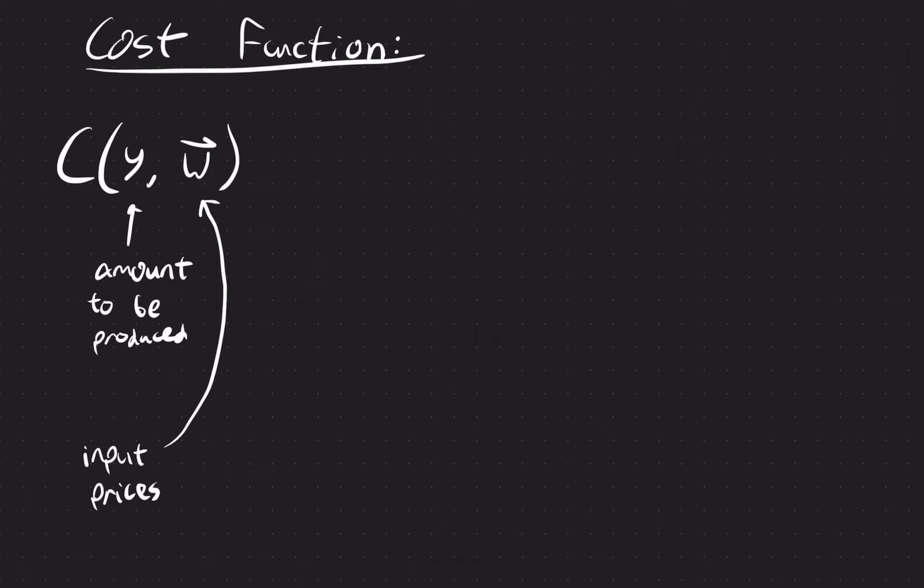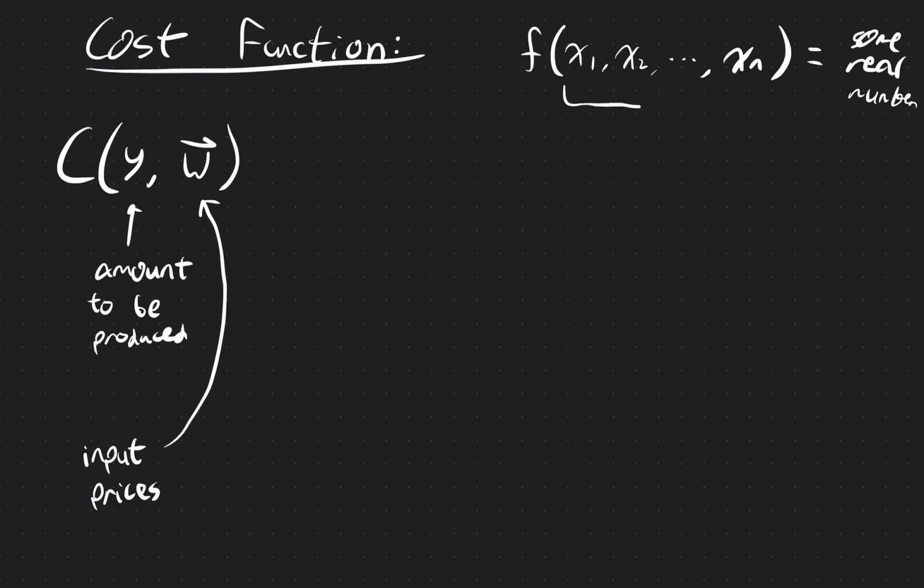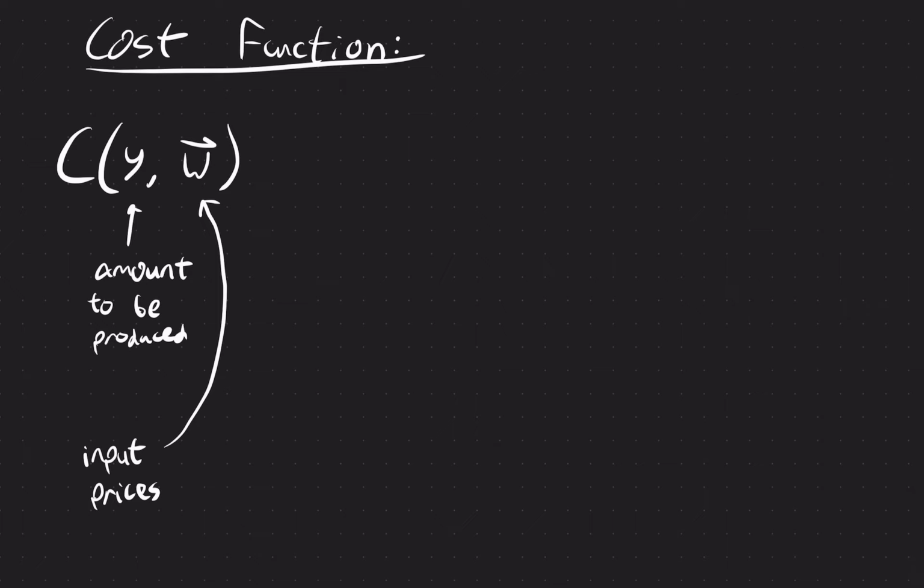Here we're considering there are n inputs that you can use and a production function f, which transforms those inputs into an output. So f takes in all of the n inputs and gives you out a specific real number, which is, given all of these inputs, how much is produced? What quantity of your output is produced?